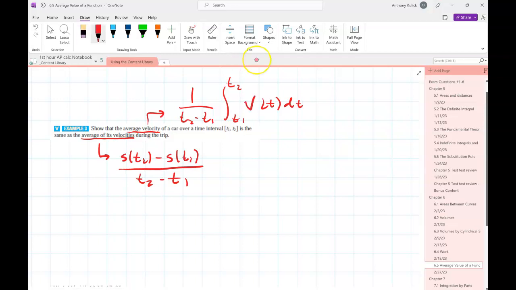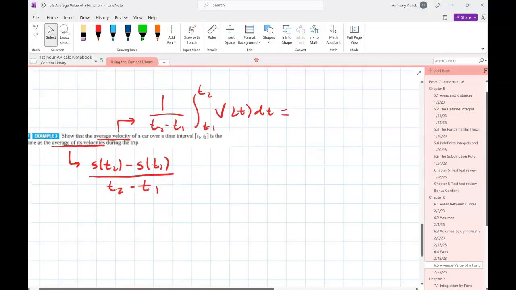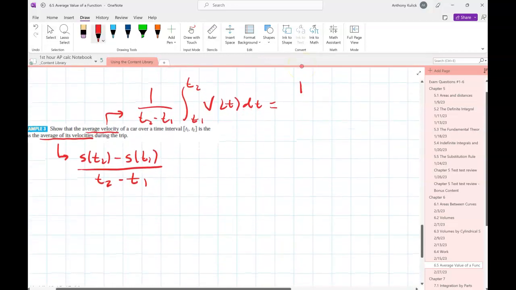I'm sorry, v of t, excuse me. Okay. What's the integral of velocity?